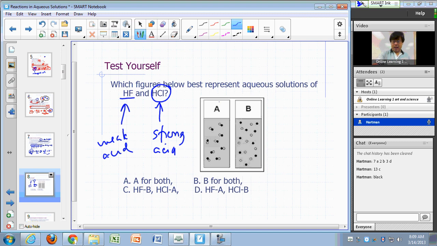Is A the best representation for both, or is it B, or is A better for HF and B better for HCl, or is HF better represented by figure B and HCl by figure A? If you were to put HF and HCl in water, what would they look like if you could see those ions or molecules? A, B, C, or D?